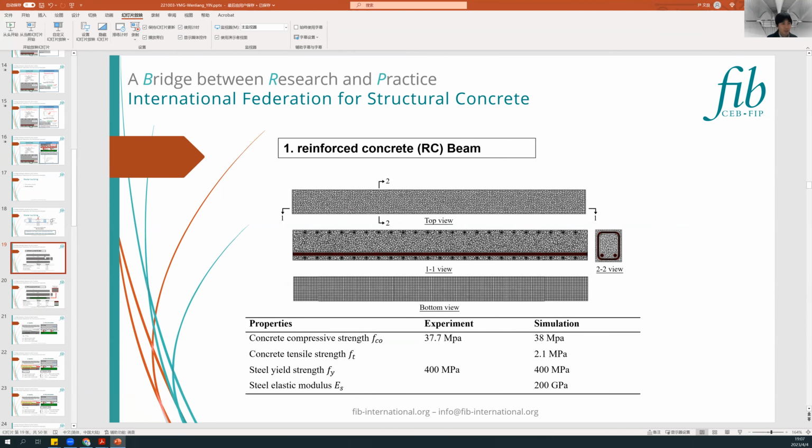Then I also calculate the flexure capacity by the design code. It's similar. The experiment and the simulation result are also similar to the result calculated by the code. All right, thank you. Okay, thank you. Is there any other question?